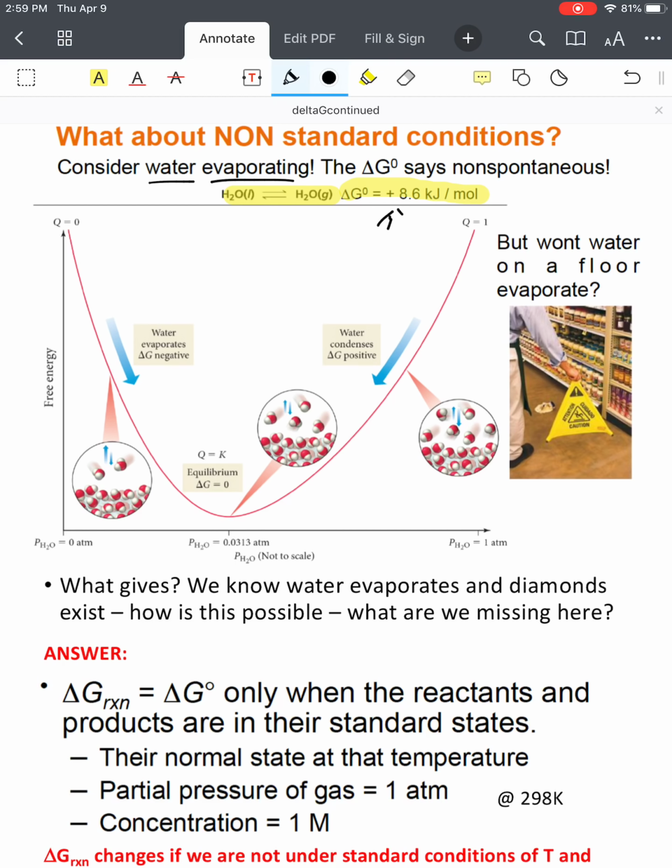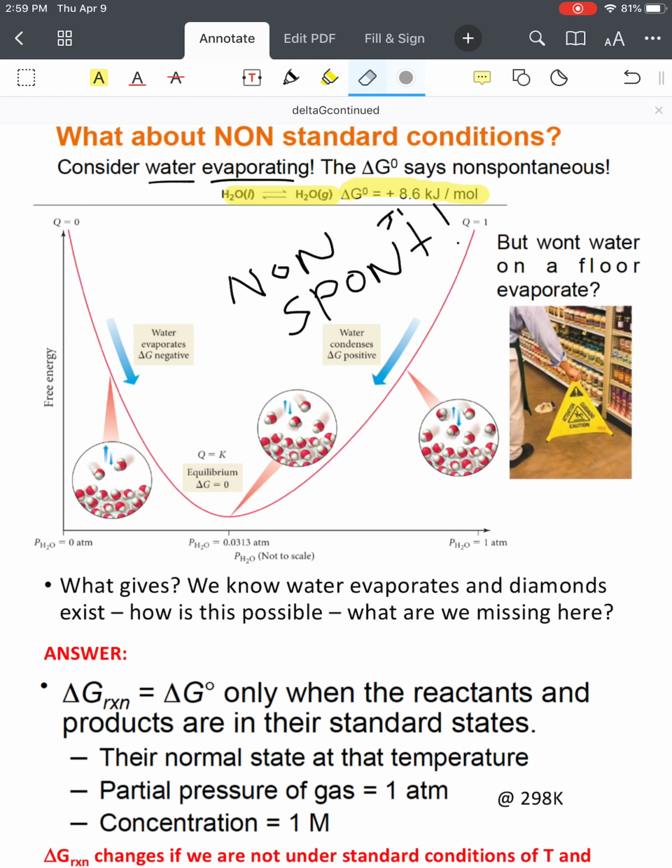It's a positive number. And we've learned in this chapter that positive delta G's tell us that the evaporation of water should not be spontaneous. It's non-spontaneous because of that positive delta G. So you're probably asking now at this point, what gives?